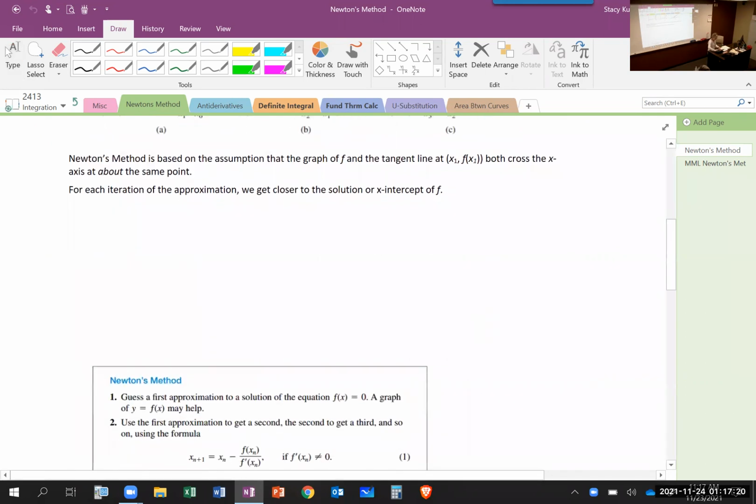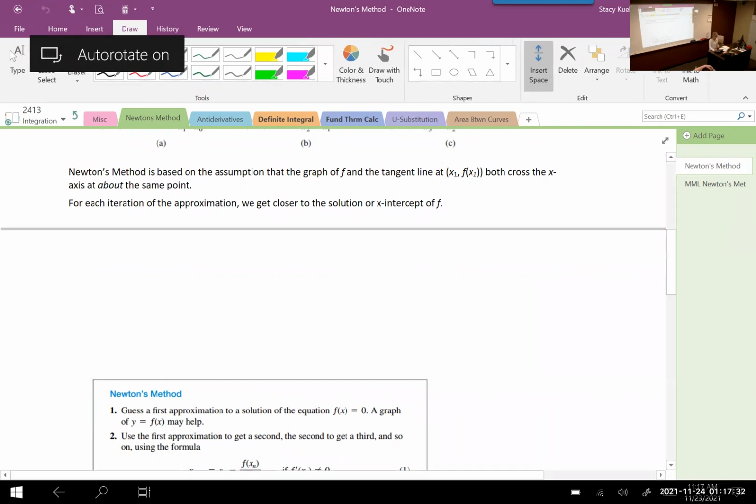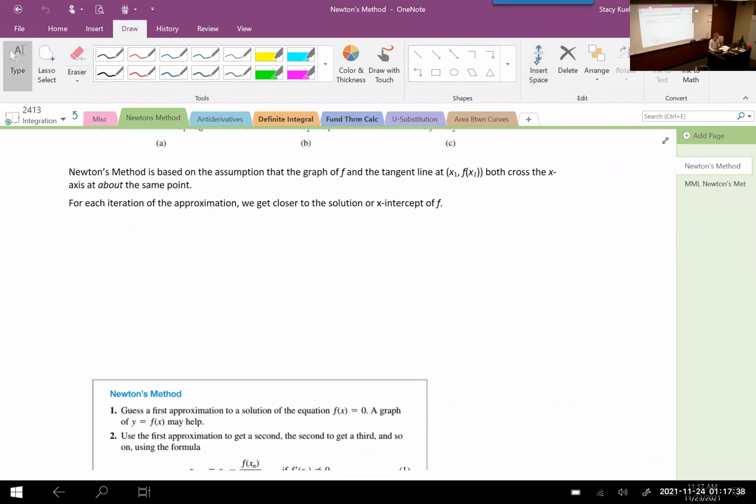When we look at this, Newton's method is based on this formula down below. I'm going to show you the formula in just a second, but I want you to see how that formula comes about.